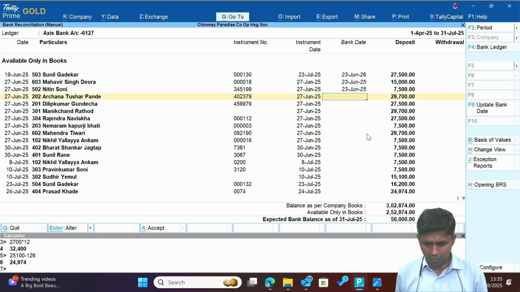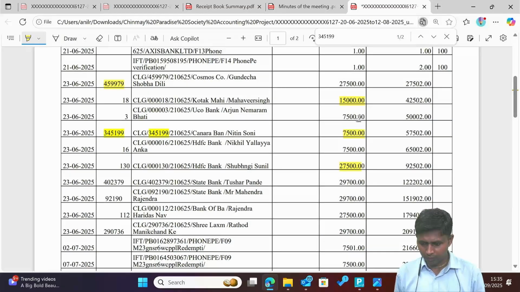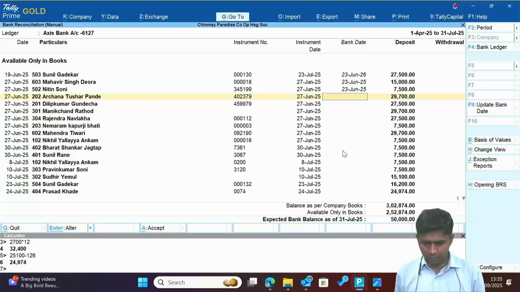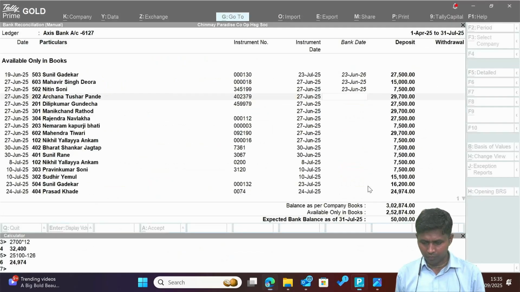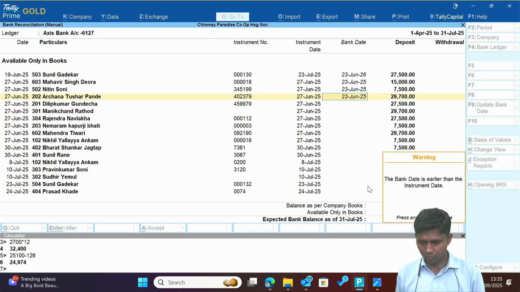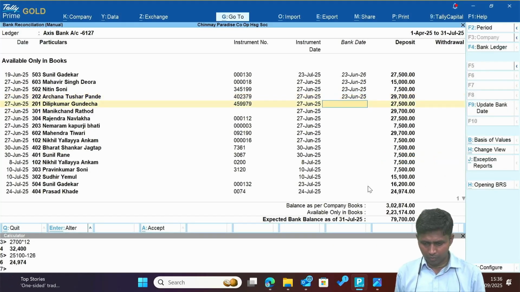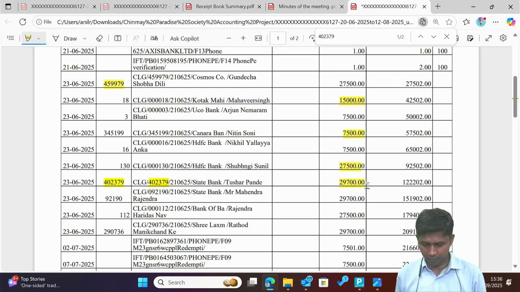Then on 27th June, 29,500, 402,379, 23rd June. Then 459,979, Gundecha.